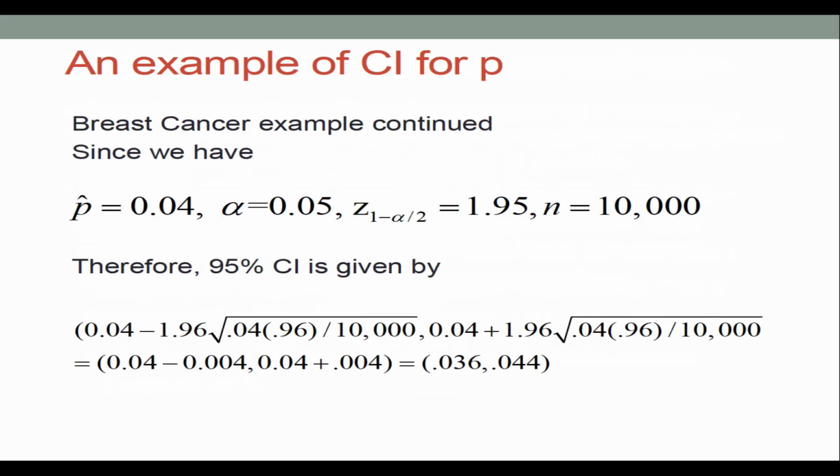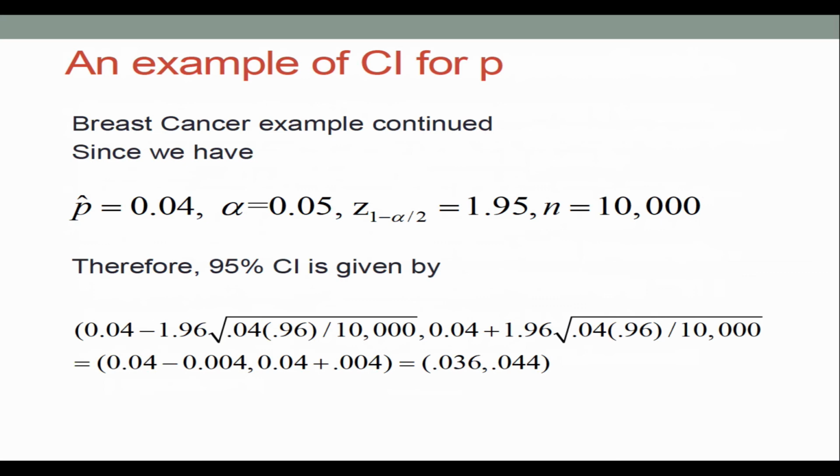Using that formula, we can construct a 95% confidence interval for the population proportion for breast cancer in that example. You plug in those numbers, then you get the confidence interval is 3.6% to 4.4%.